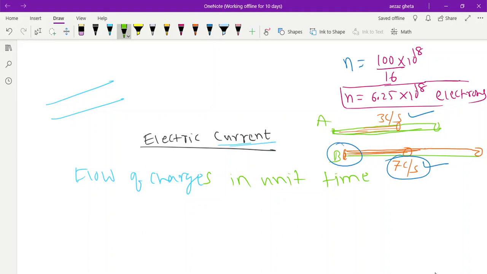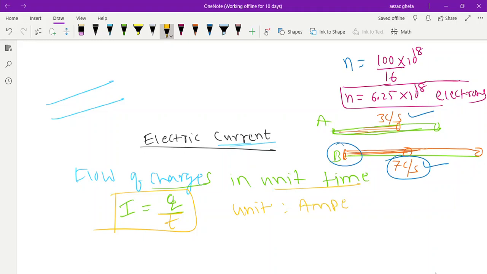So what is the formula? Electric current is denoted by I, and the flow of charge is denoted by Q. Flow of charge in unit time, so divided by time, which is T. So the formula is I is equal to Q by T, and the unit of electric current is ampere.